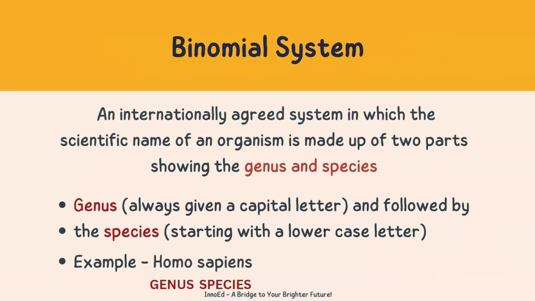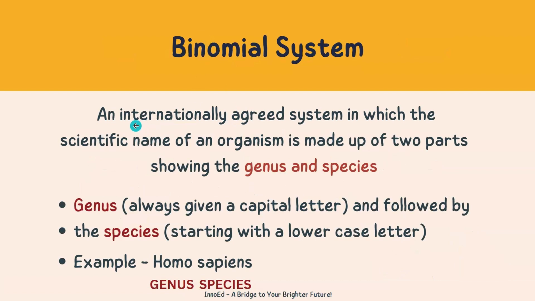Next topic is about the binomial system. Binomial system is simply a naming system and classification, of course. In this system, as it is subdivided more and more, the organisms inside each group are getting more and more similar.